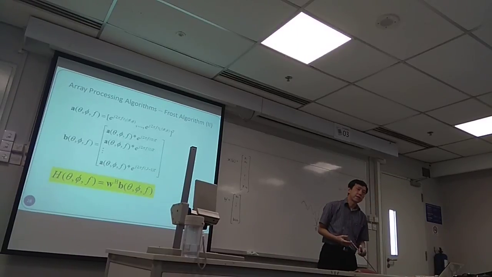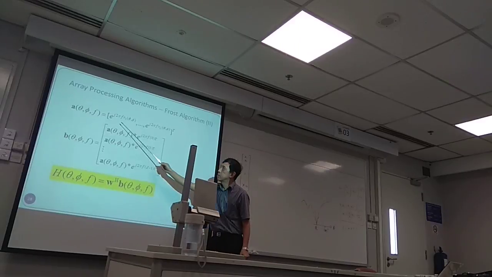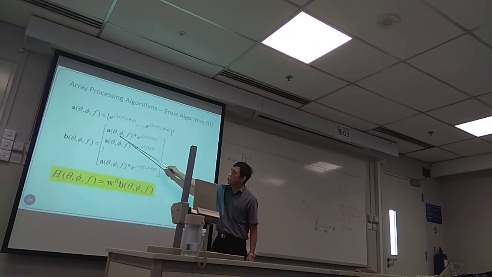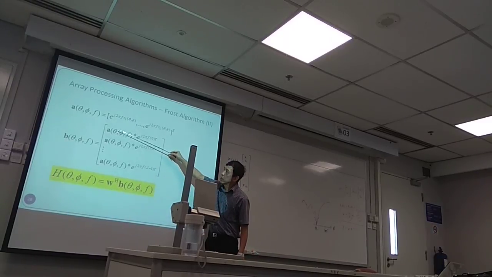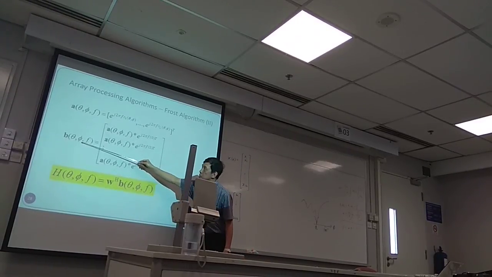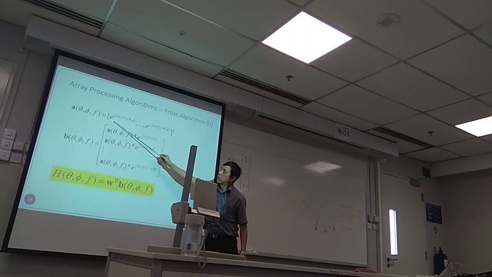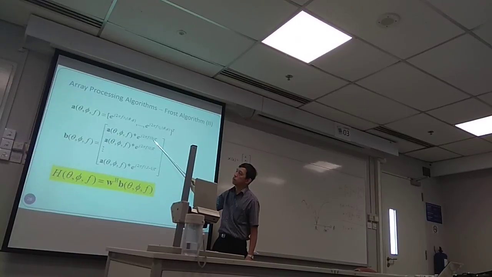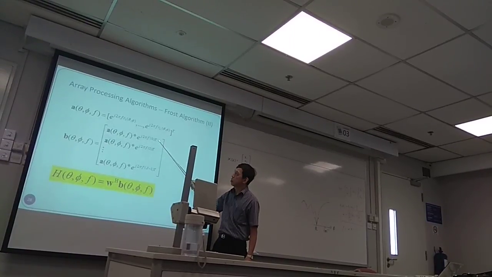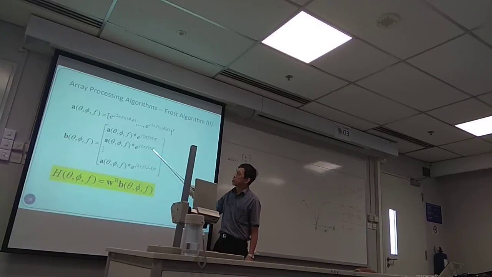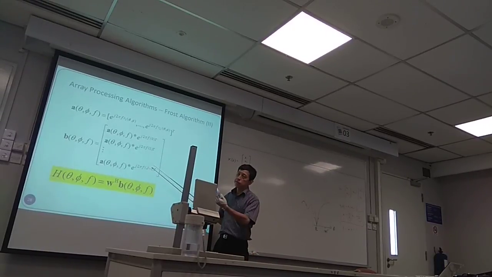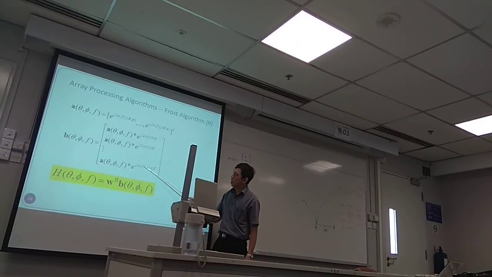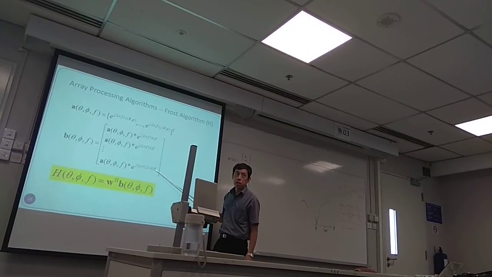Now how about the steering vector? For the narrowband case, it is given to be this. For the broadband case, you can see that we have actually augmented the vector with the original steering vector multiplied by e^(j2πf·0·T) for the first case, 1 times T for the second case.